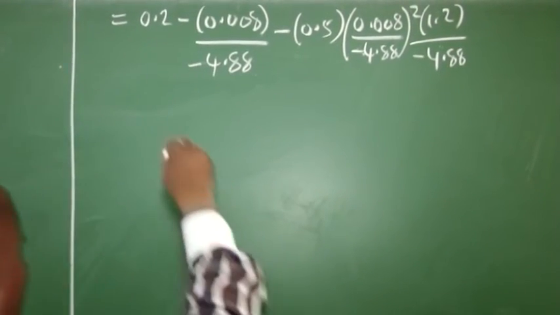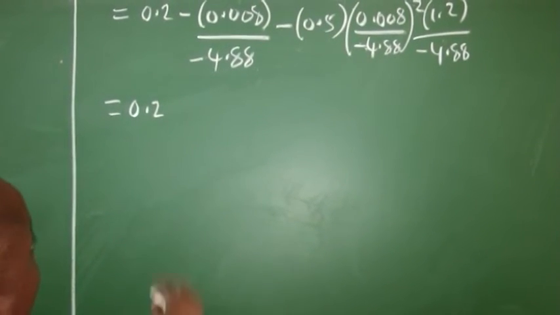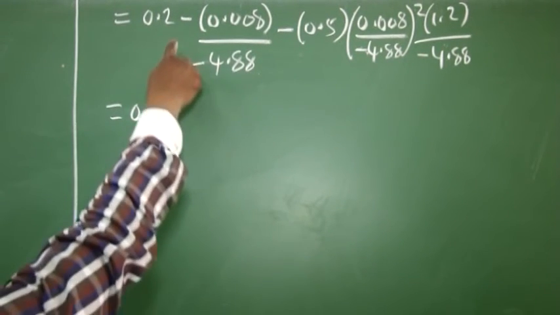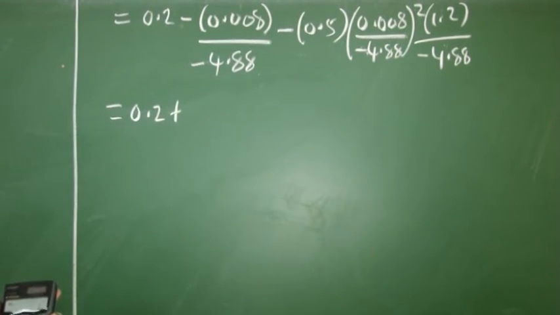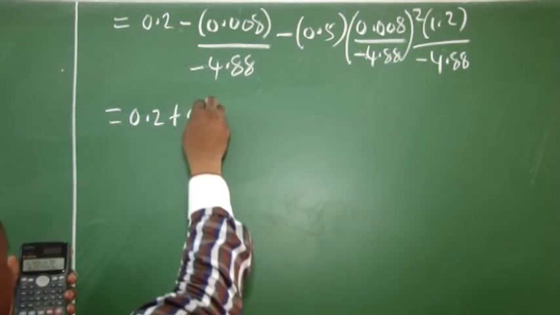Okay, then we will have 0.2 plus, of course, if we divide this will give us plus, so we have 0.008 divided by 4.88.